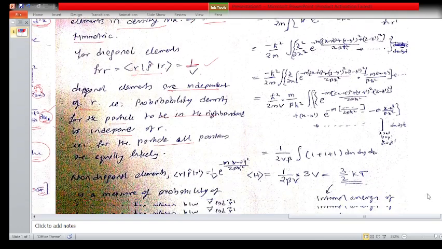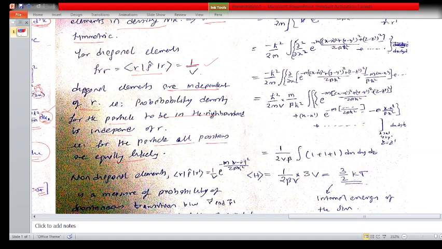Particle positions are equally likely, which means that if you are considering any particular position, then that position is equally probable. In this case we are considering a single particle in that particular box. If you are considering one particular position, the probability at that position will be equal to the probability at any other position.